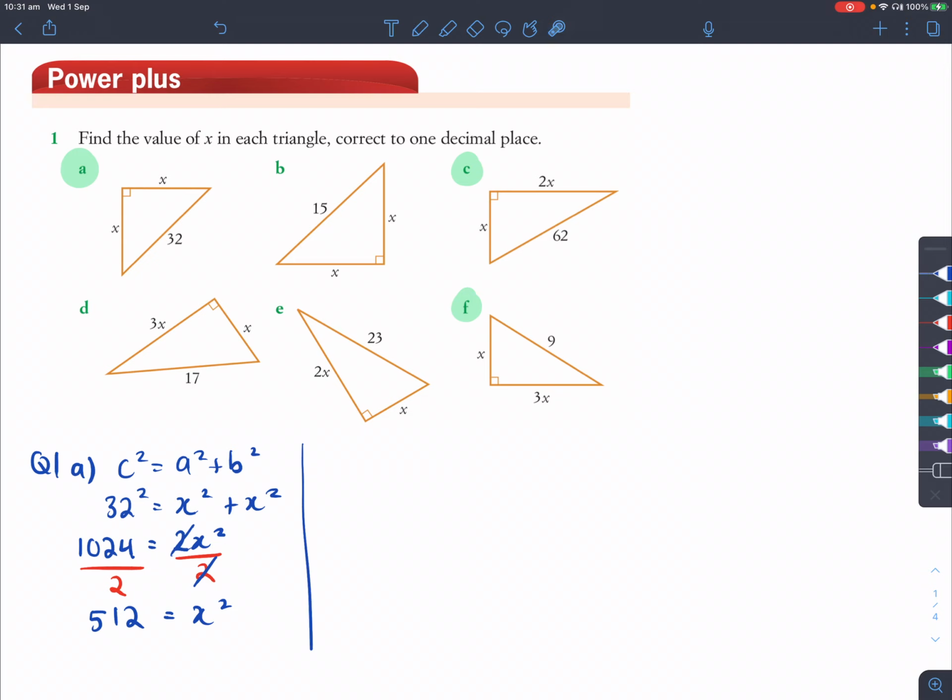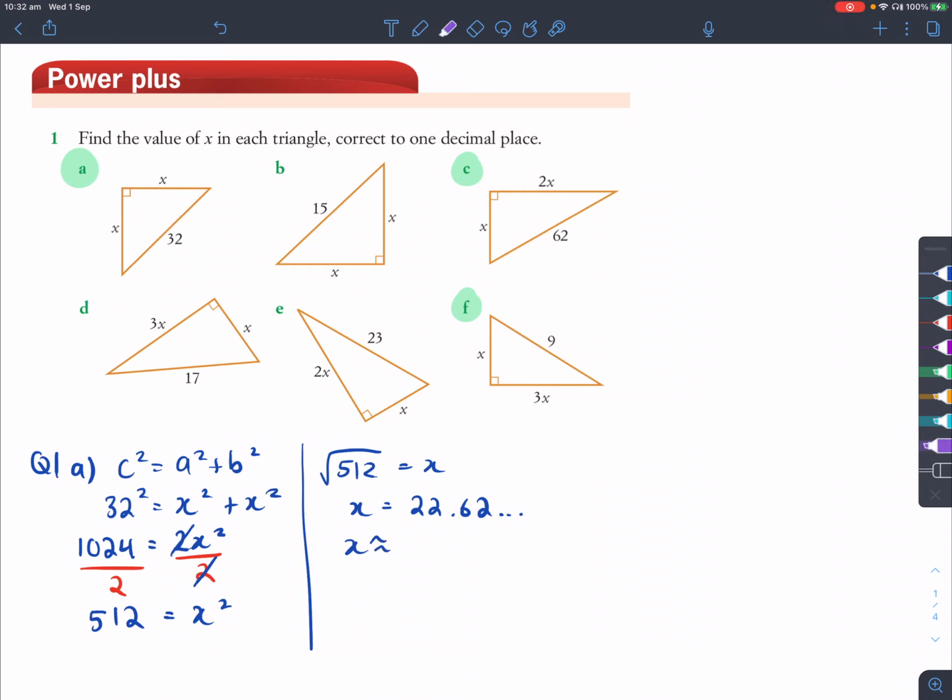Now if I take the square root of both sides, the square root of this side is root 512. But on the other side, the square root and the square cancel, so I'll have x left. So x equals the square root of 512, which is 22.62... on our calculators.